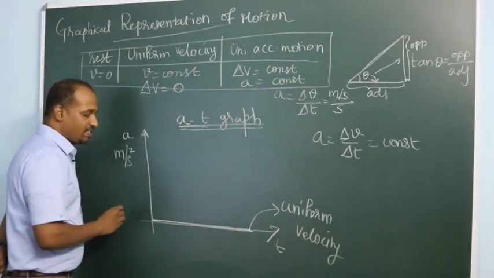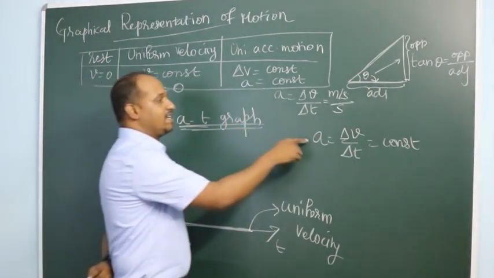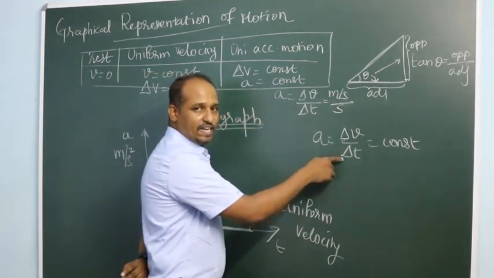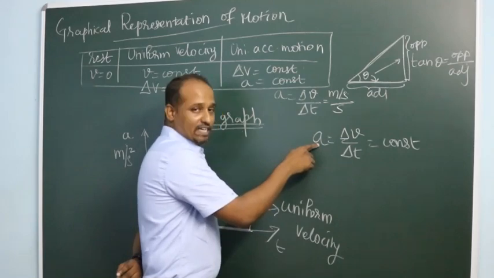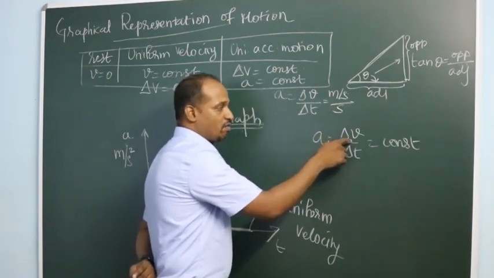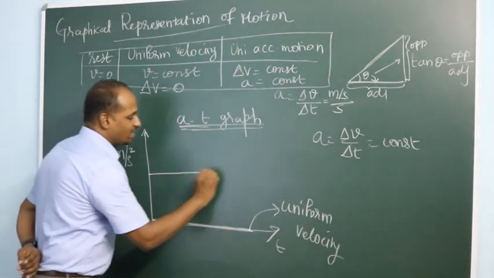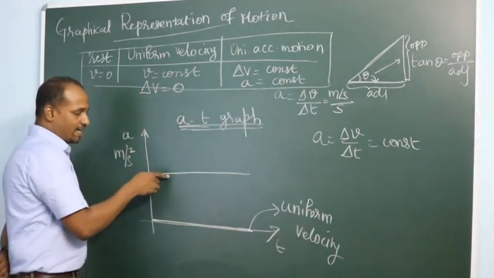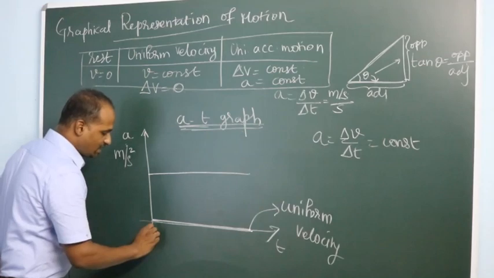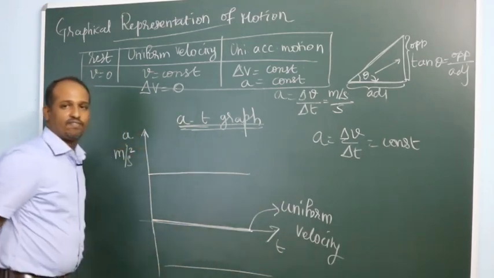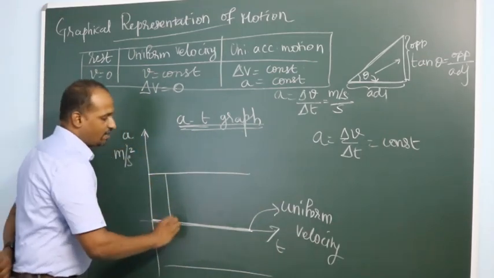Acceleration is defined as change in velocity by time, and because velocity is a vector quantity, acceleration is also a vector quantity. So a positive constant acceleration can be shown like this, and a negative constant acceleration like this. What if you find the area?